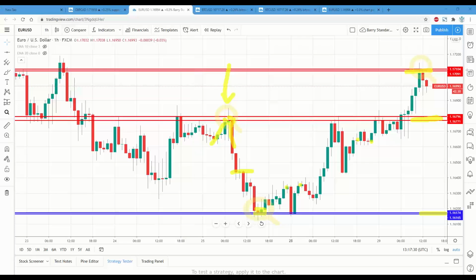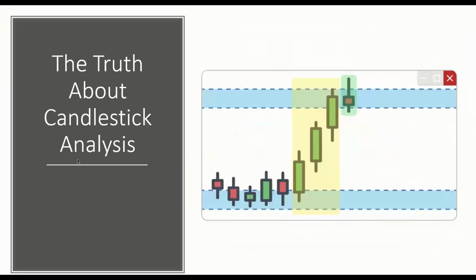So let's go back to my PowerPoint. We have our price movement in a defined trend, not a trend line. It doesn't matter whether it's the last 3 candles, the last 9 candles, or the last 12 candles. It needs to have a very specific move.